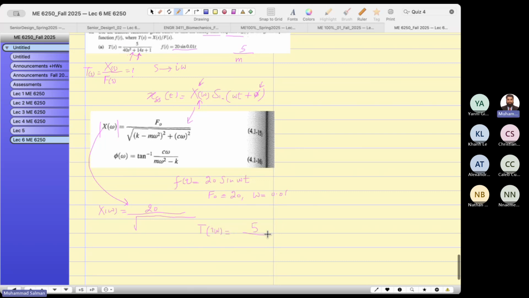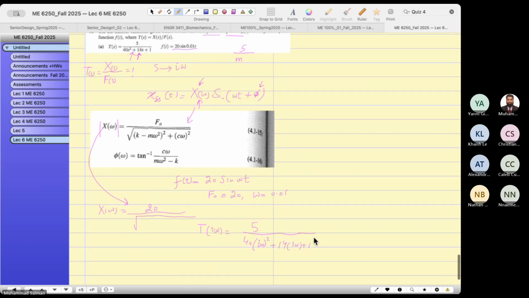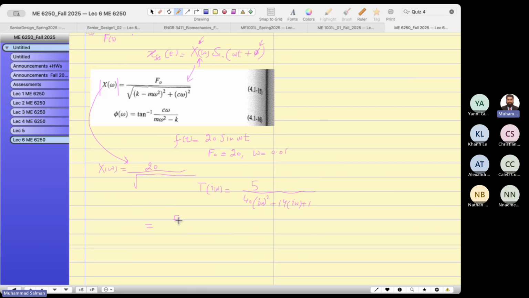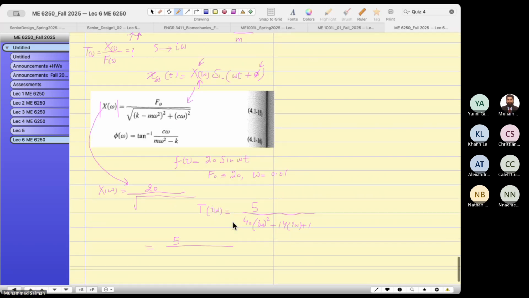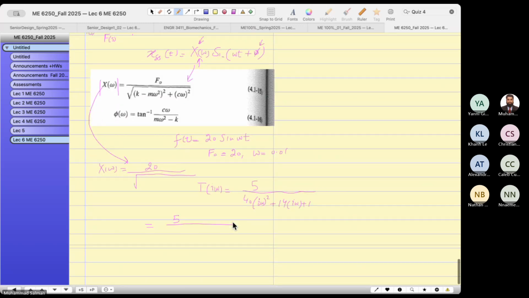I can rewrite here, and then this is 1 minus 40 omega square plus 14 omega iota. I'm sorry. So this is my transfer function.